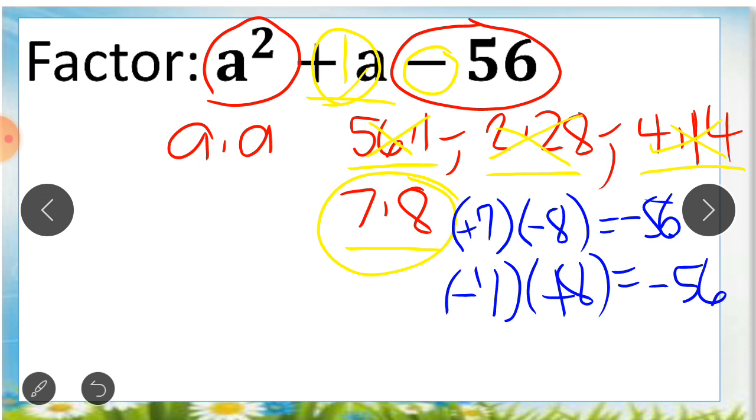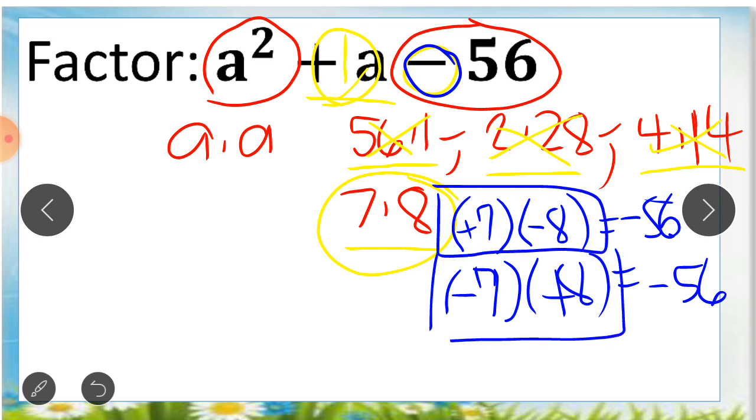Okay, so what I'm trying to say here is that the last term will tell us if the signs of the factors are the same or different. So in this case, since the last term is negative, the signs of the factors will be different. Now, all you need to do is to choose which among these two pairs will give us positive 1, which is the middle term.